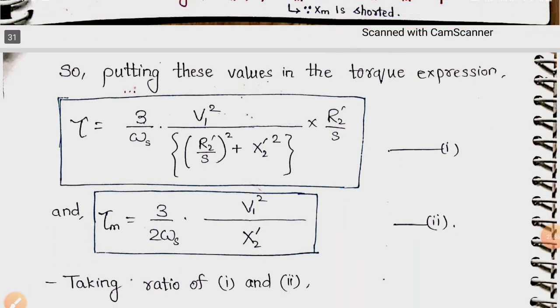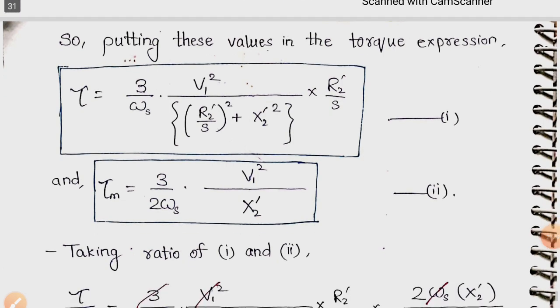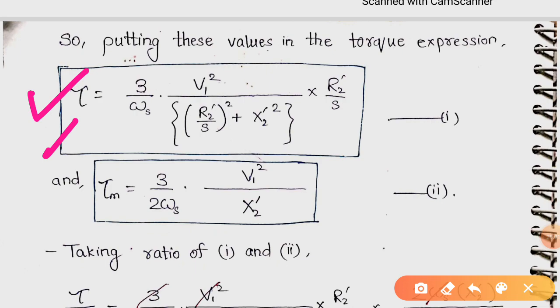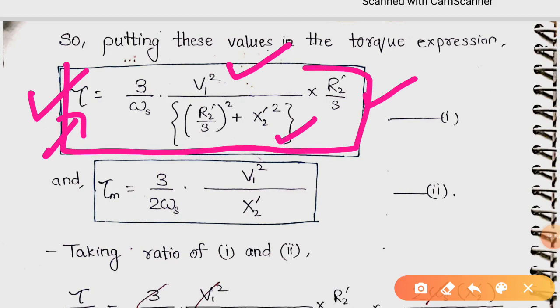Putting these approximations, we get the expression for normal torque as 3 upon omega s, V1 square upon R2 dash by S, whole square plus X2 dash square, into R2 dash upon S.